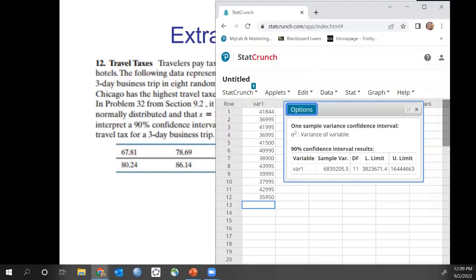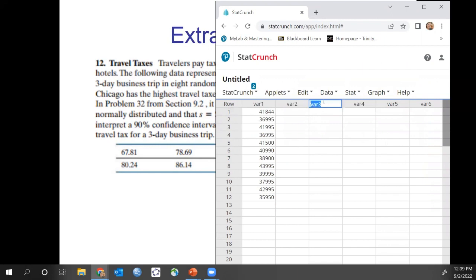Clearly, we have data. So what we're going to do here is we need to type our data in. So I'm going to call it travel data. You've got 67.81, 78.69, 68.99, 84.36, 80.24, 86.14, 101.27, and 99.29.